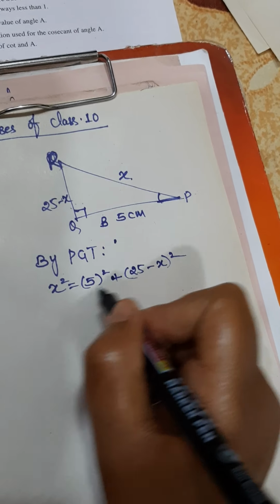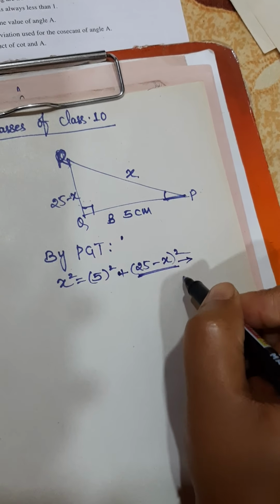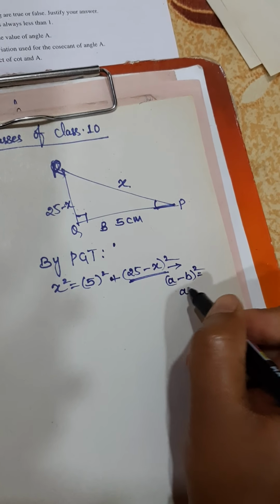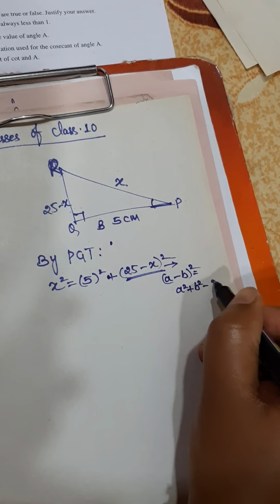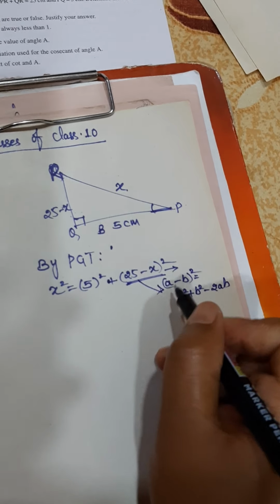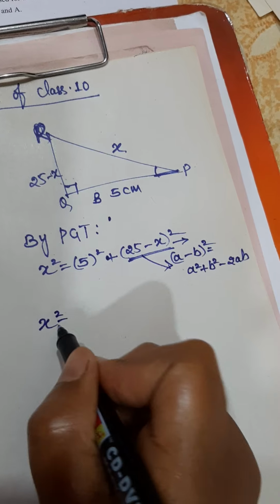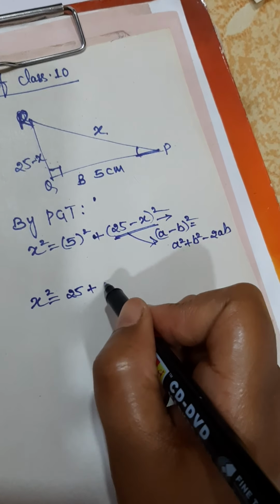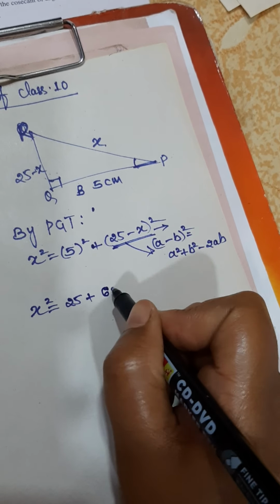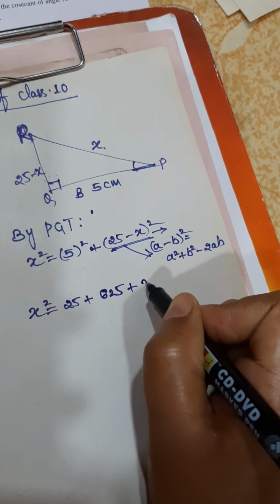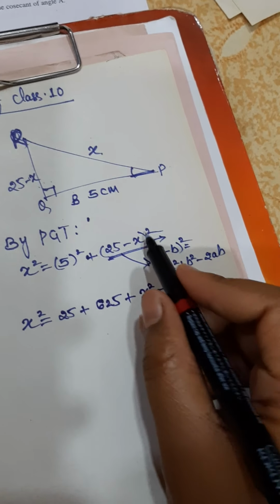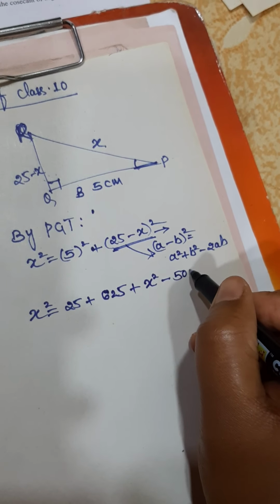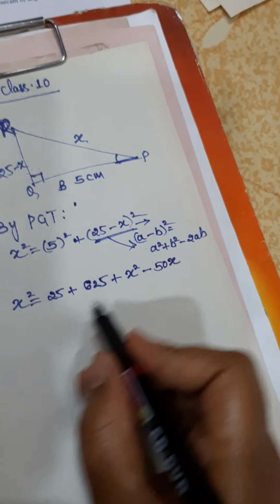So this is in the form of A minus B whole square formula. A minus B whole square is A square plus B square minus 2AB. So let's solve this one in this way. x square is equal to 5 square, that is 25, plus 25 square, that is 625, plus x square, minus 2 into 25 into x, that is 50x.